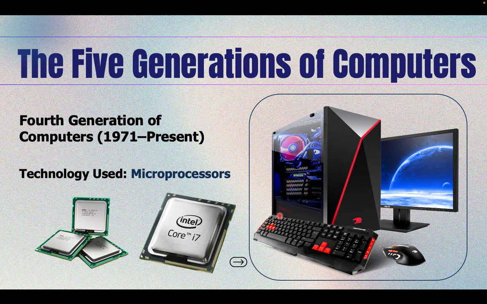And the technology leveraged is the microprocessors. So the microprocessors were introduced after the third generation, that is in 1971. So 1970, 1971, we have our microprocessors, and this became a game changer.